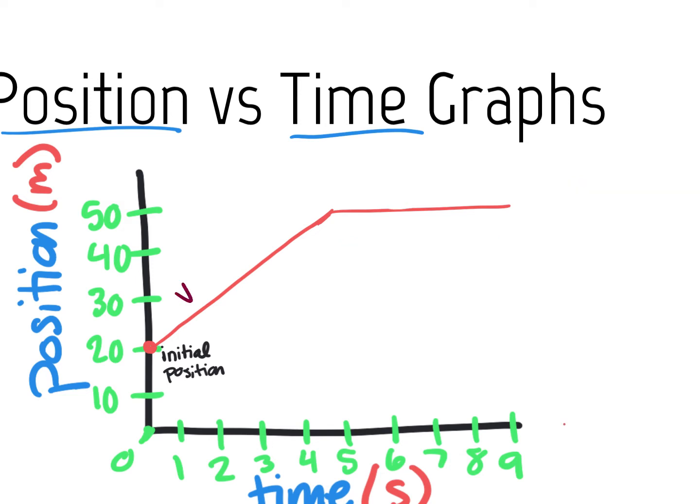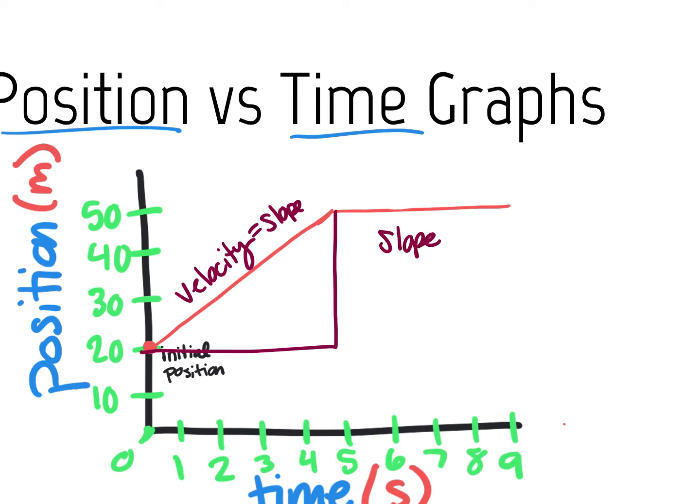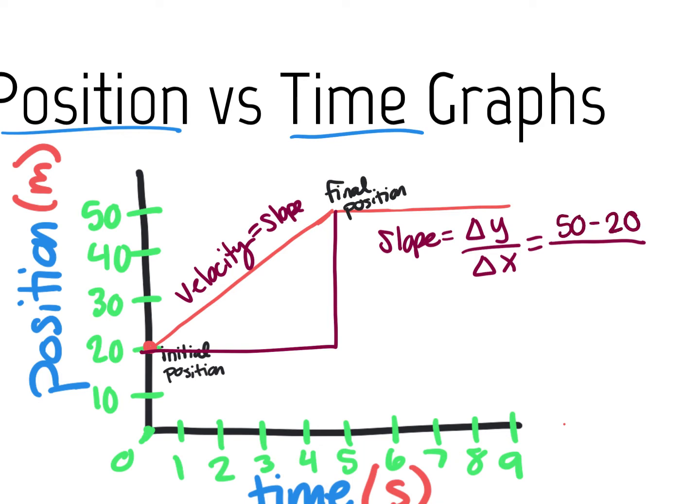You may also be asked to find the velocity between time 0 and time 5 seconds. So let's find the slope of this part of the graph by using the same thing, the change in the vertical axis over the change in the horizontal axis. Start by identifying your initial and your final position. So we've already got our initial position at 20 and our final position is at 50. Once we have that, we can then use the same information to plug into our equation.